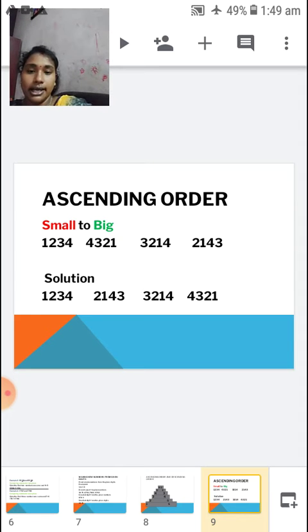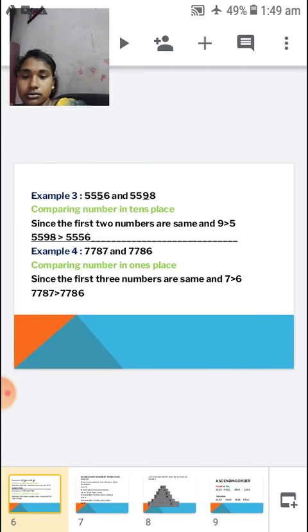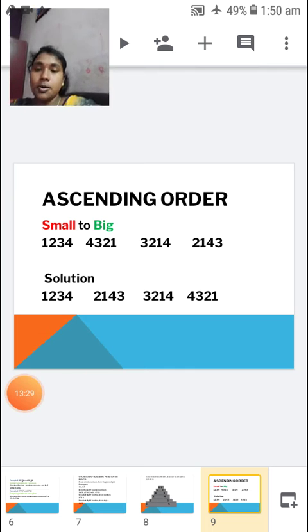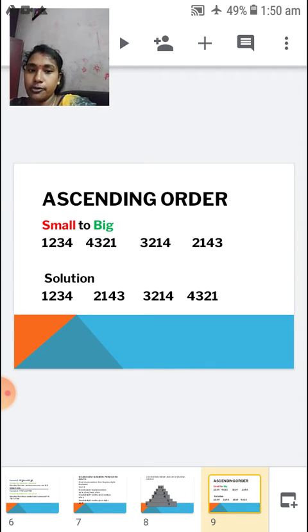So when you compare these numbers, the smallest number will be 1234, followed by 2143, then 3214, and finally we have 4321.